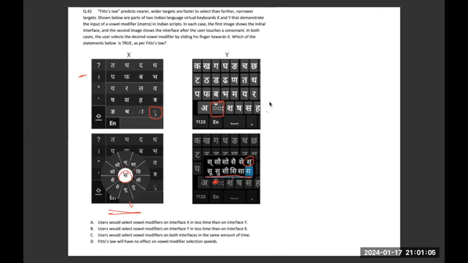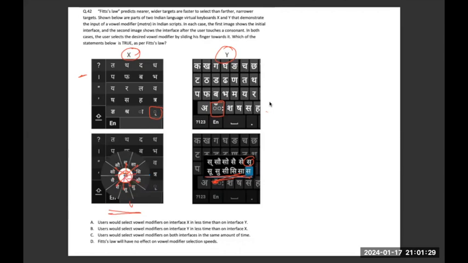So the X keyboard will actually take less time compared to the Y keyboard. Why? Because everything is not equidistant in Y, whereas in the X keyboard, all the vowel modifiers are equidistant from the center.